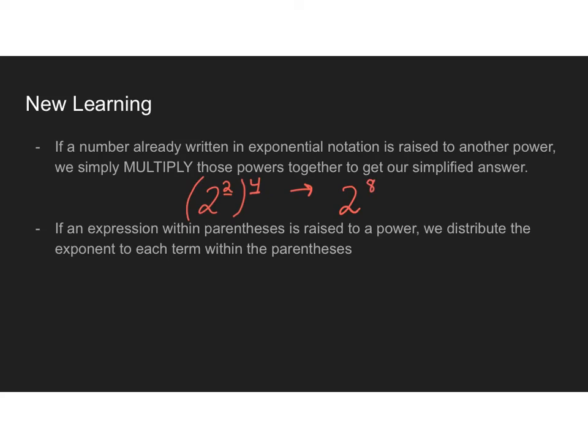Okay? If an expression written in parentheses, so maybe 5a squared b, is raised to a power, let's say we raise this to the 5th power, we distribute that exponent to each term within the parentheses. So we have a 5, so this is going to be 5 to the 5th power. So we distribute that 5 to this.